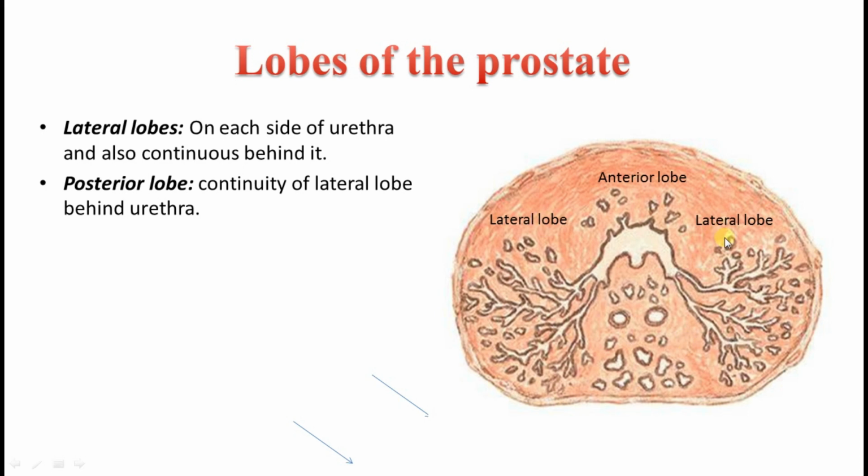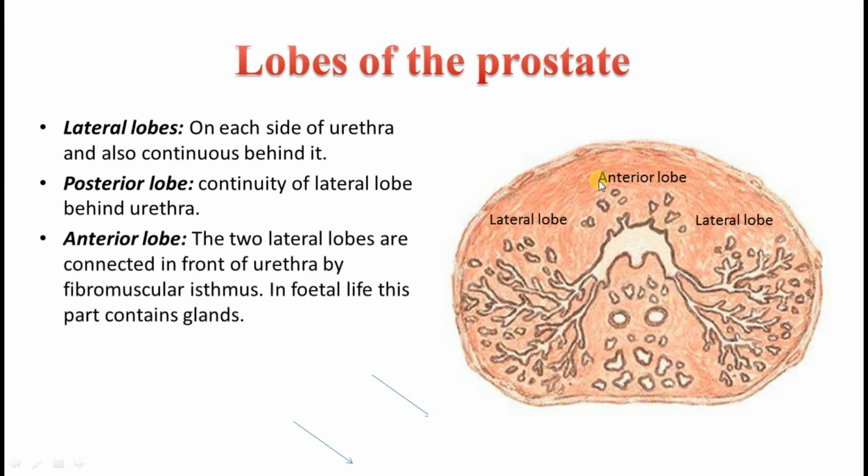The two lateral lobes are also continued anteriorly, which is considered as the isthmus. It is mostly fibromuscular, and in children up to 6 years of age, this part contains mucous glands. So any part which has glands can be considered as a lobe. So that is how the anterior lobe is classified.